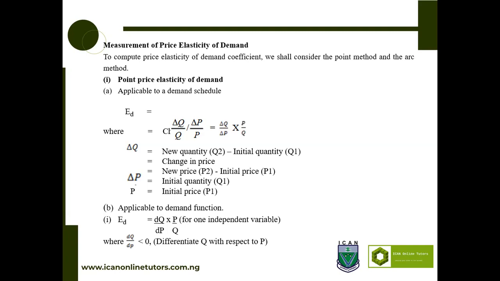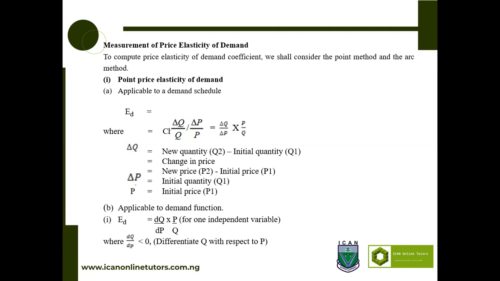This is denoted as Q2 minus Q1. Then we have change in price, which is the new price minus initial price. The difference between these two will give us the measure of price elasticity of demand. P1 is represented by the initial price, while P2 is denoted as the new price.